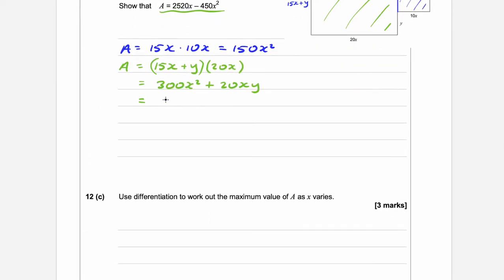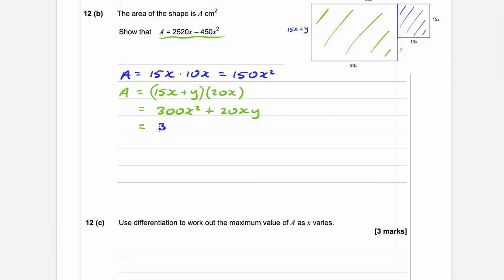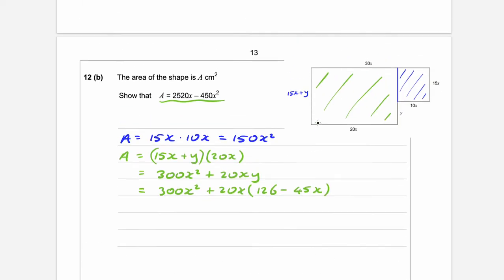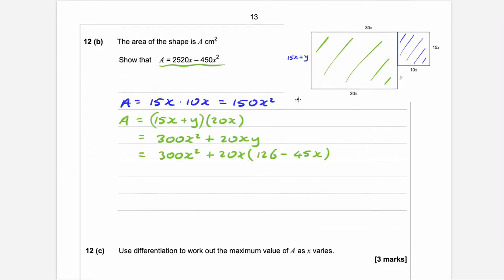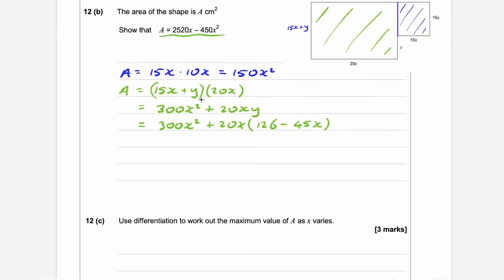So this is equal to 300x squared plus 20x times 126 minus 45x. Now we have removed the y. There's no y left here, so it's 300x squared plus 20 times 126.